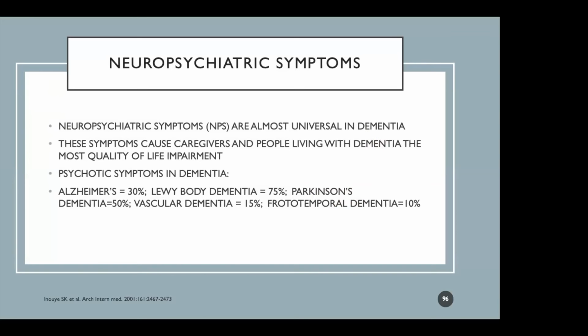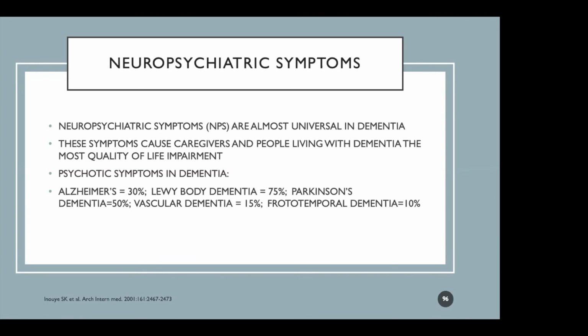Next slide. So what are these neuropsychiatric symptoms? Next slide, because I think that's when we get the most referrals for consultation. They're almost universal in dementia, unfortunately. These symptoms cause caregivers and people with dementia a lot of stress, and impair quality of life, not just for the person with dementia, but also the caregivers.